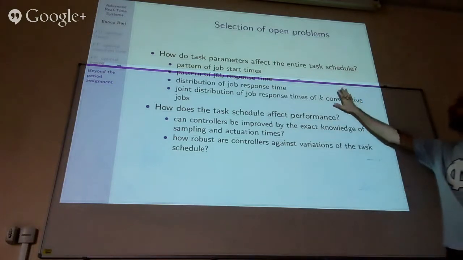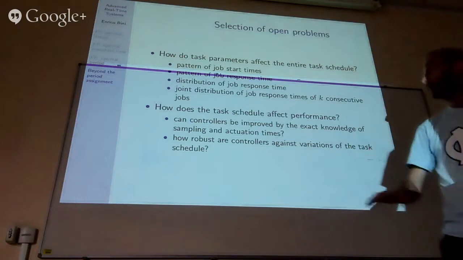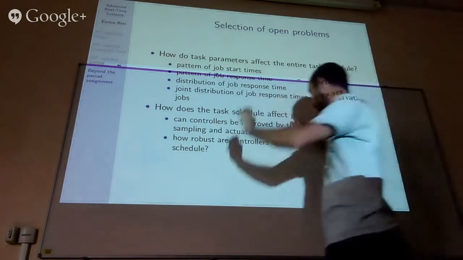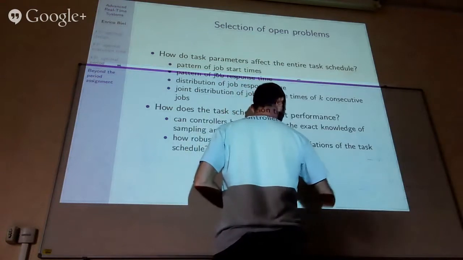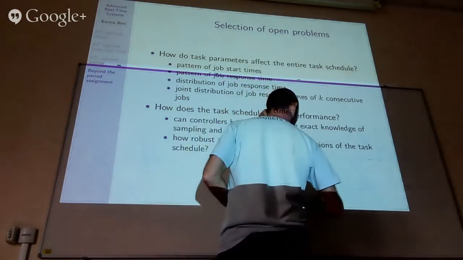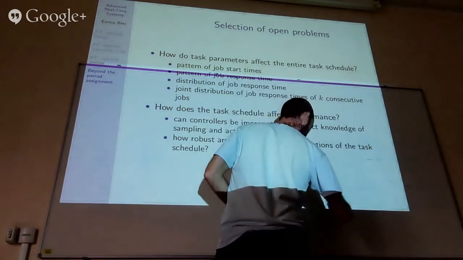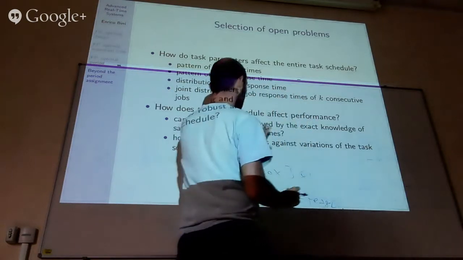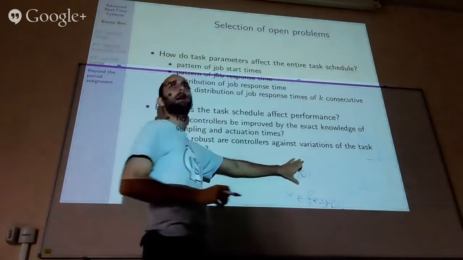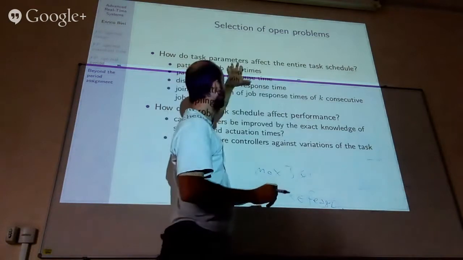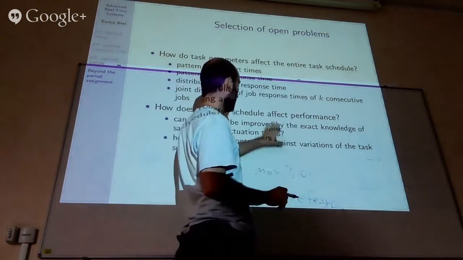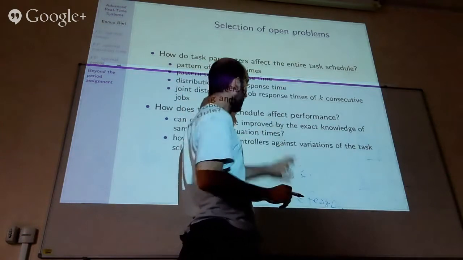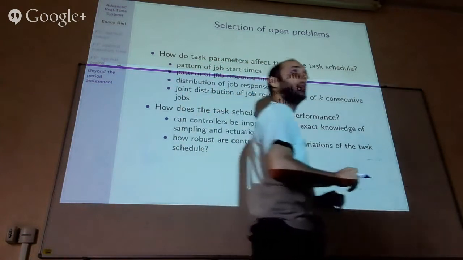Well, this has to do with the scheduling, and this has to do with the performance function. If you want, this second problem has to do with this part of the problem, and the first problem has to do with this bottom part. So these are related to the performance function, and the problem here is related to the schedule of individual tasks.